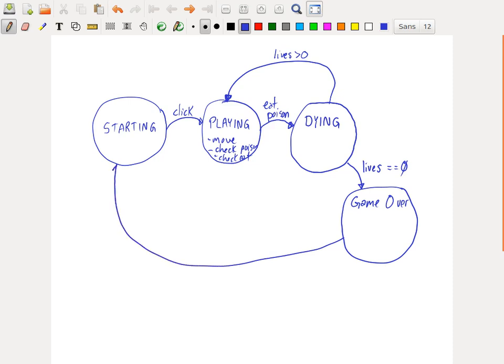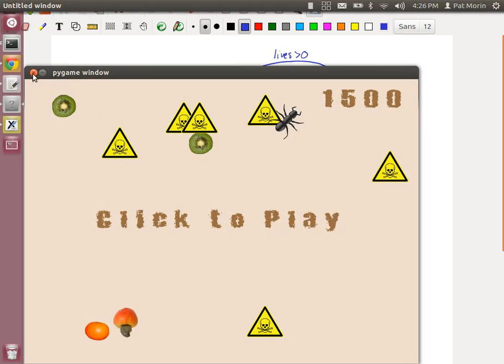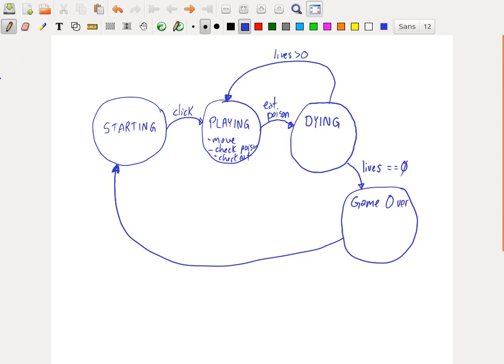And similarly, from game over, there's a transition all the way back to the starting state, in which we say, okay, we've played the final death scene, and now we let the user play a new game. And why does that, and when does that happen?